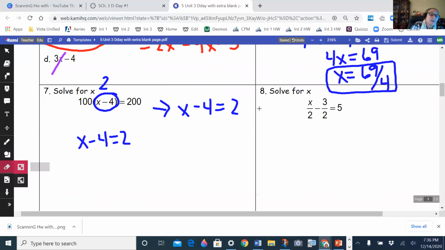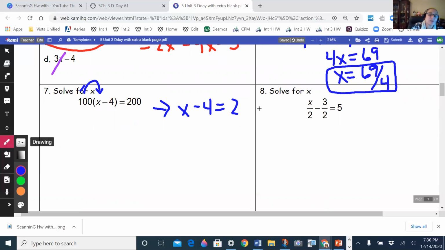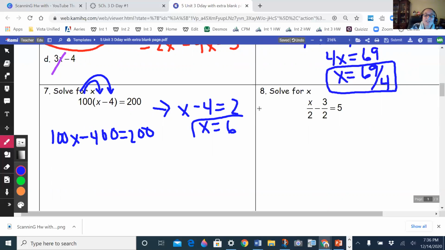I could also have distributed the 100. Now this is just going to give me bigger numbers to deal with. And then I would have had 100x minus 400 is equal to 200. And I would solve either of these equations. Now, the first one I had, I would add my 4 and I get x equals 6.